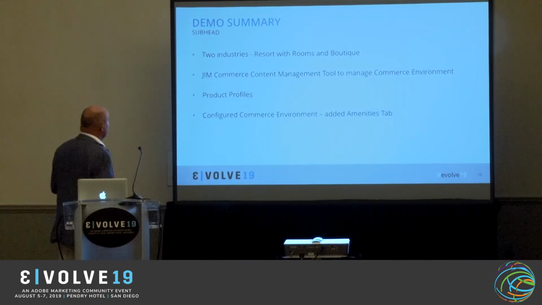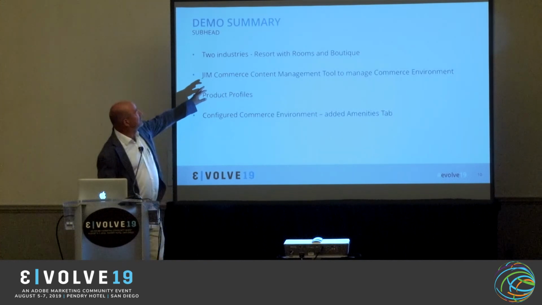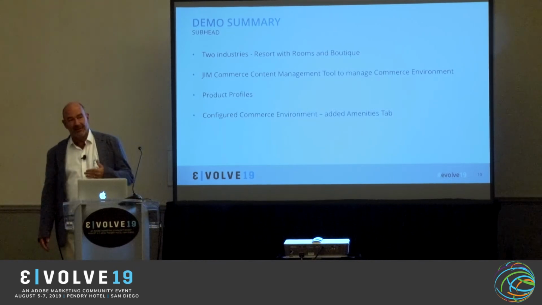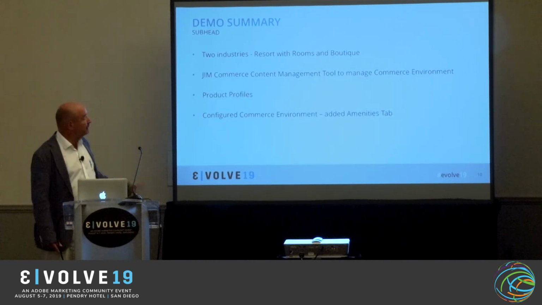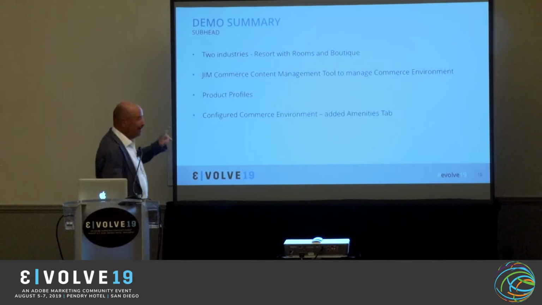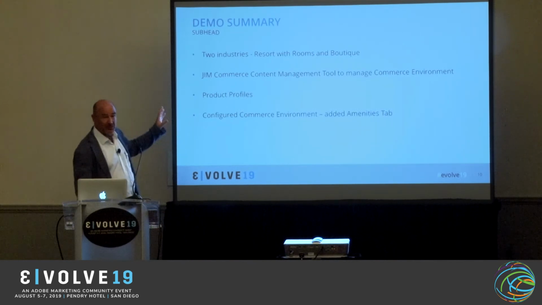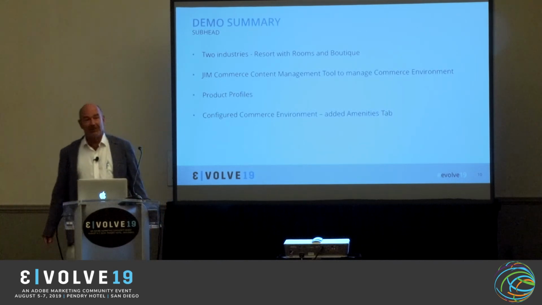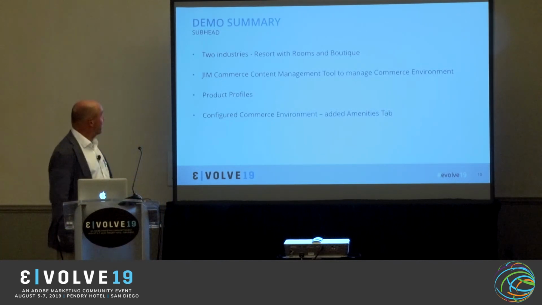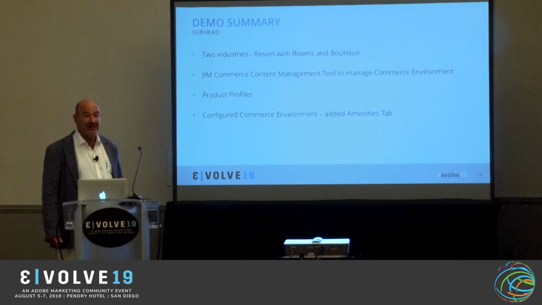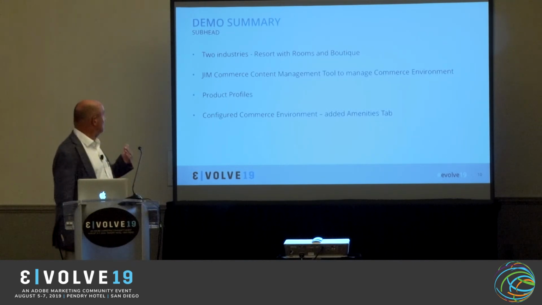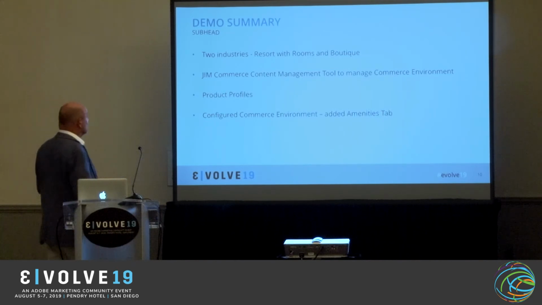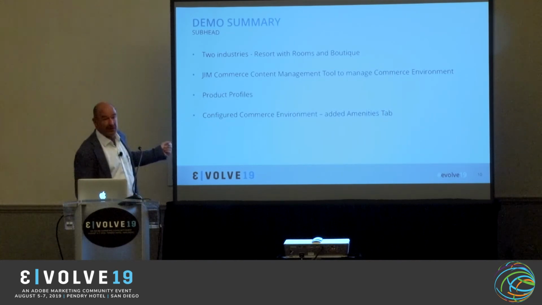So what we did, we used two industries on a quickly assembled site, small site, but we used two industries. Rooms, which were configured for hotel rooms, and the boutique. Then we took a look at JIM, our commerce content management tool, which you use to manage content, but you also use it to configure your commerce environment.